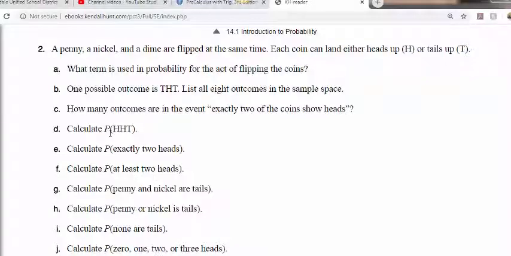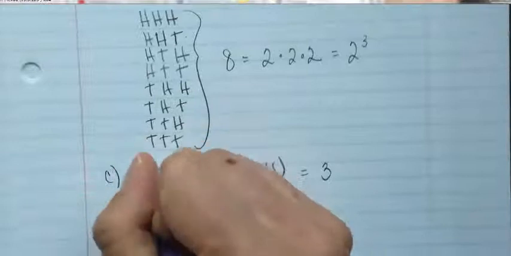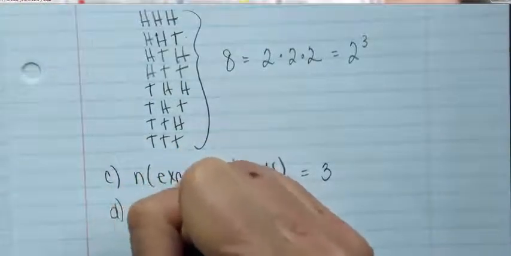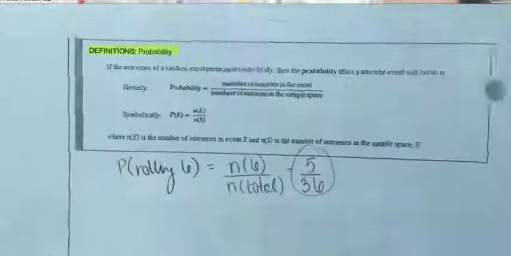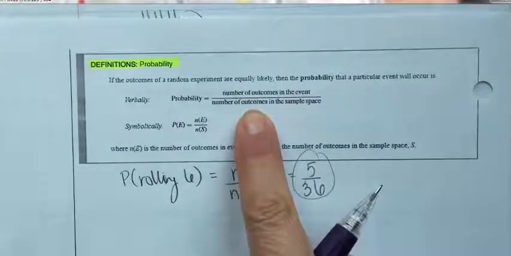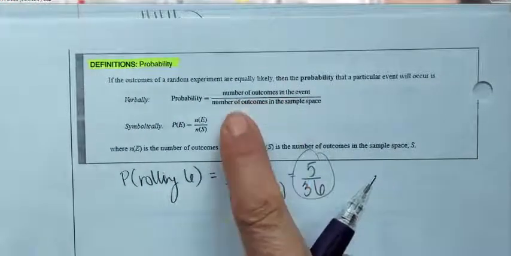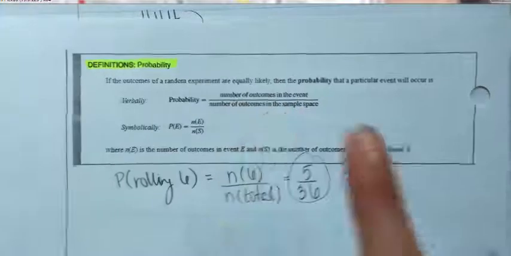Calculate the probability of heads, heads, tails. So now we're actually looking for the probability. Again, we take the number of outcomes in the event over the number of outcomes in the sample space.